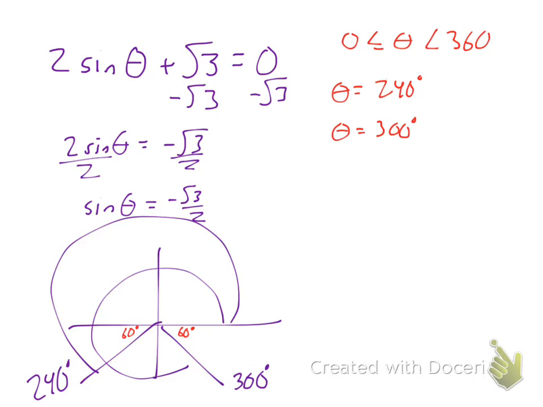If I go back up to this thing that's saying I only want answers between 0 and 360, well then there's only two answers on that unit circle. Only two of them are negative square root of 3 over 2. But if I go up to this answer and I go, gone. I just wiped it out. I'm not looking for you to tell me the solutions between 0 and 360.